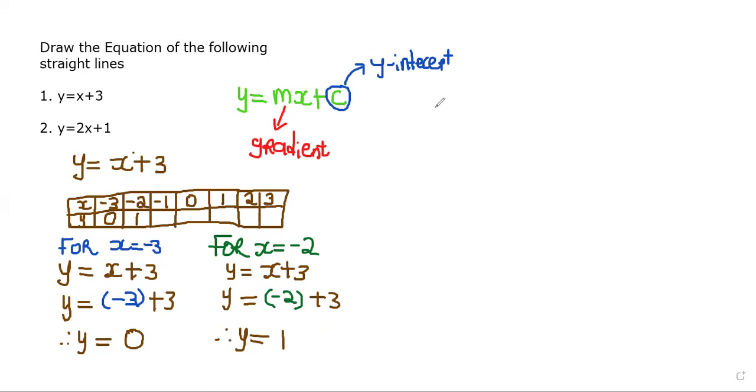Let me write it here. For x equals negative 1, you write the equation of a straight line, y equals x plus 3. Then y equals, since now the value of x is represented by negative 1, grade 8, write negative 1, and then you add 3.